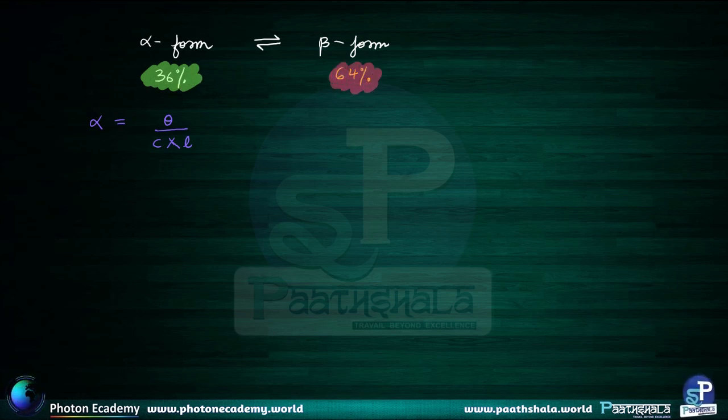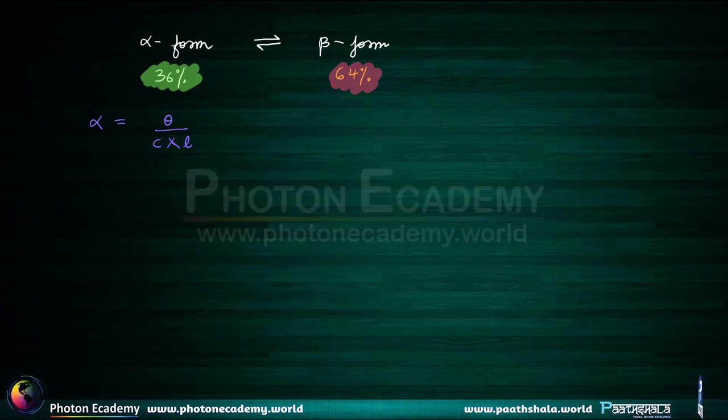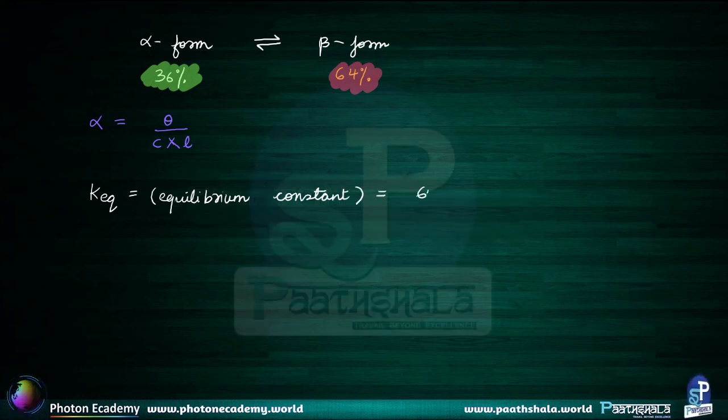With the help of this, we can find our K equilibrium, that is the equilibrium constant. My equilibrium constant actually becomes 64% divided by 36%.